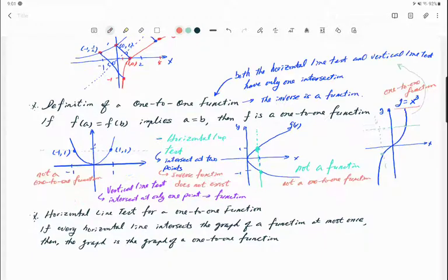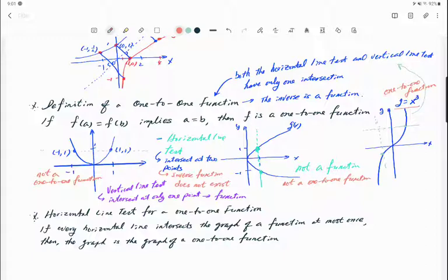Okay, I just rewrote the information. So there are three graphs. The first one is not a one-to-one function because when you do a horizontal line test, there are two intersections. The second graph is not a one-to-one function because the vertical line contains two y values. So this is not a function.